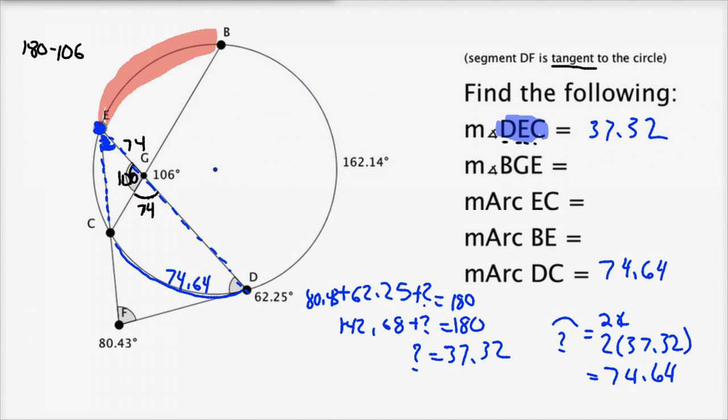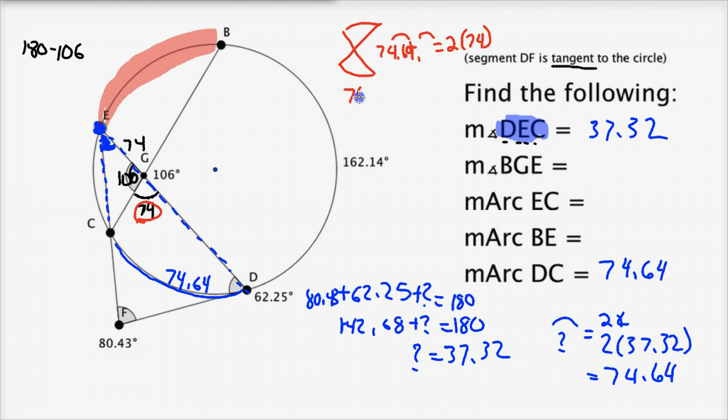Check this out. Because this is 74 and this is 74.64, that should be about the same because when we have a crisscross intersection with two arcs like this, I know that the two arcs added together equal 2 times the angle. In this case, the angle is 74. One of the arcs is 74.64. The other one is going to be really close to that.